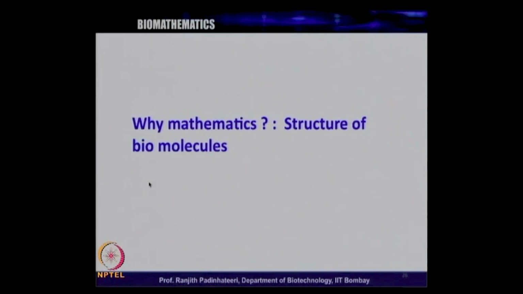The amino acid sequence specifies the structure of a protein, and it takes a particular structure in 3 dimensions. This structure is related to the function. To have a particular function, you have to have a particular structure. So, the structure of a protein is crucial, and to understand this structure, one has to understand some mathematics: coordinates, 3D geometry, and so on.